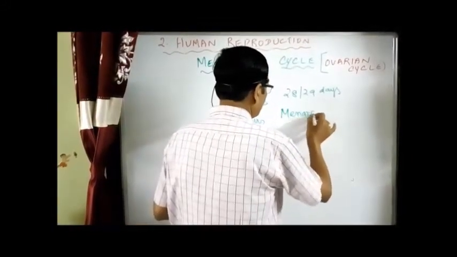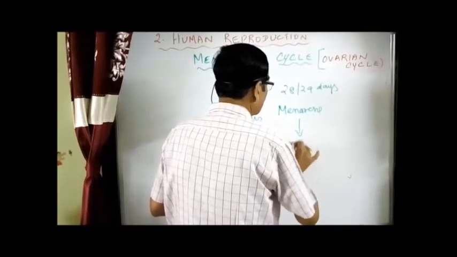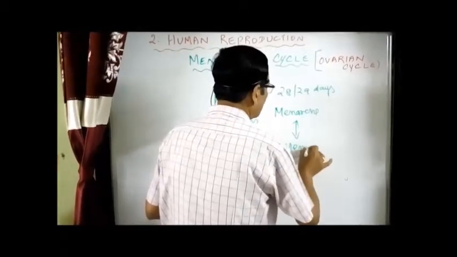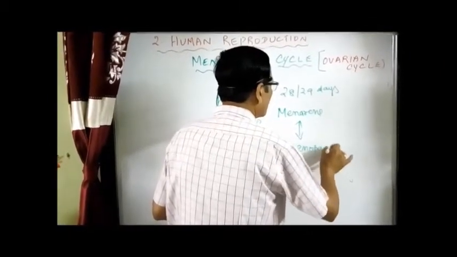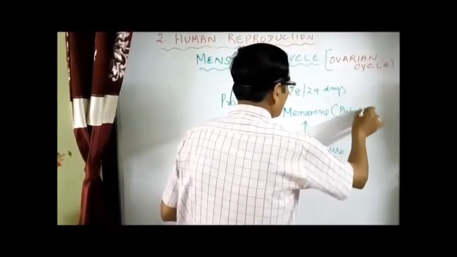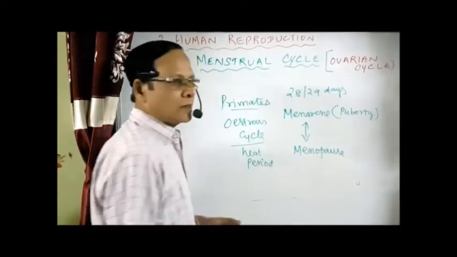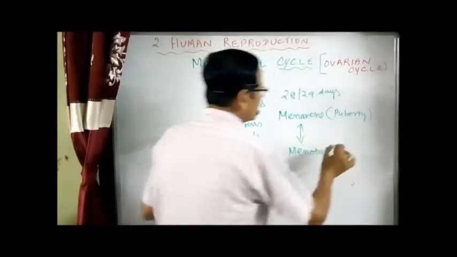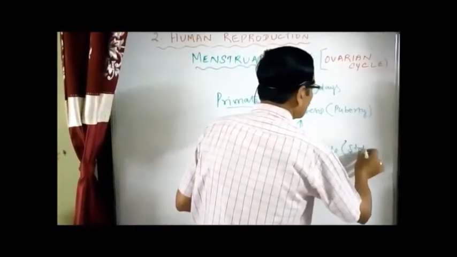From menarche to menopause. Menarche means attaining puberty. Menopause means stoppage of the menstrual cycle.